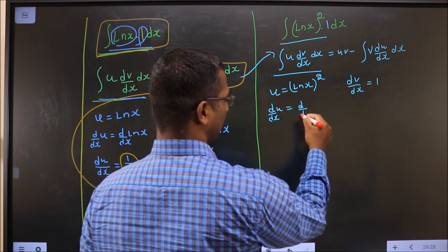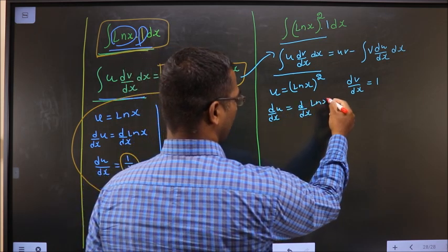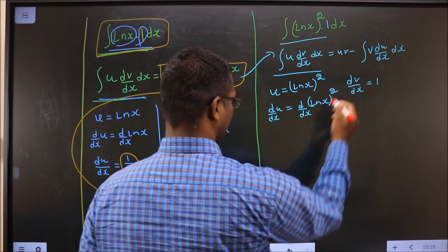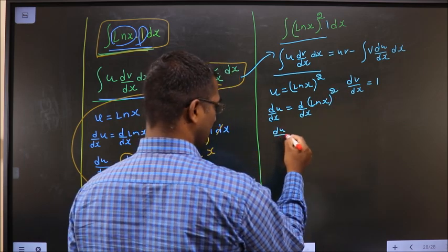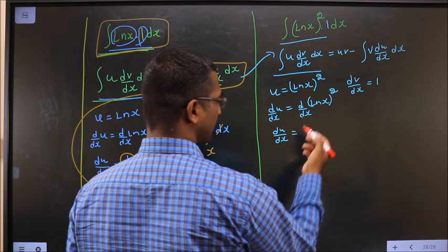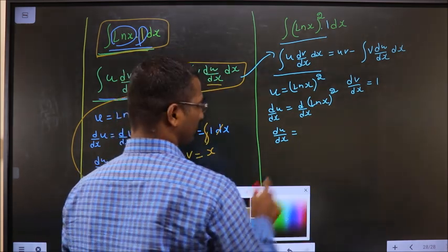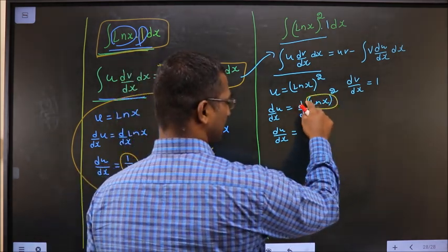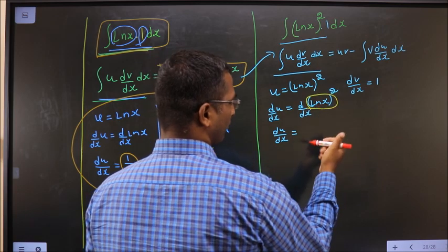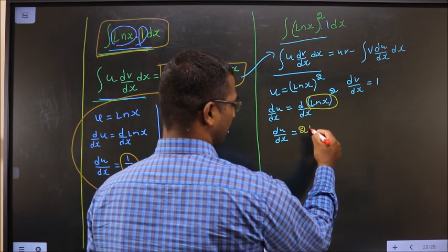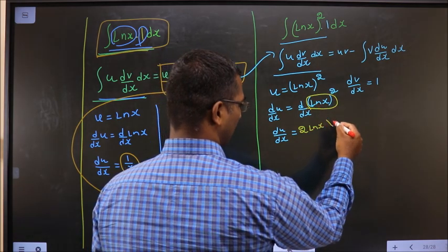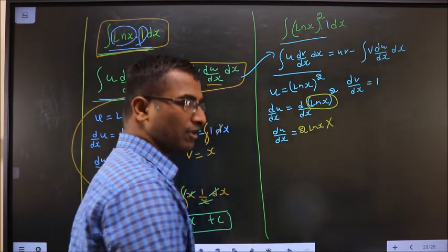Now take d by dx on both sides, is equal to d by dx of ln x whole square. So here no change. What change do you get here? Initially I took this to be x, now it is of the form x power 2, which is 2x into the derivative of x.